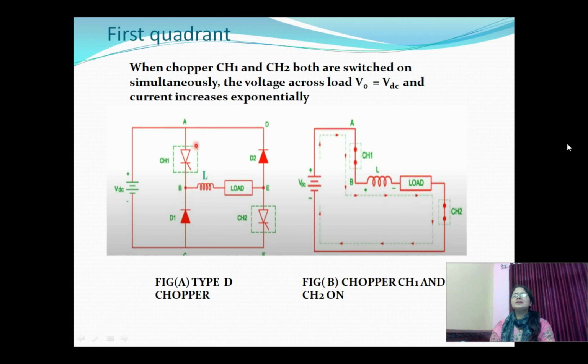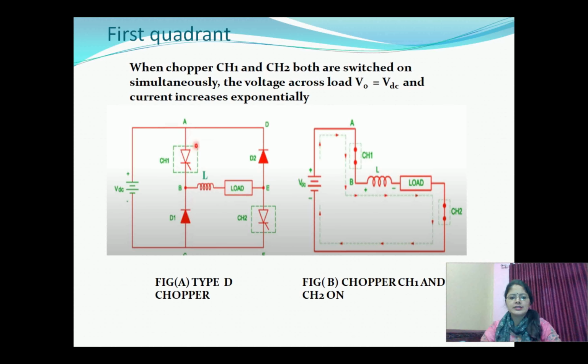Now there are basically two modes of operation. First is the first quadrant. When chopper CH1 and CH2 are both switched on simultaneously, the voltage across the load, that is V output, equals VDC, and current increases exponentially.